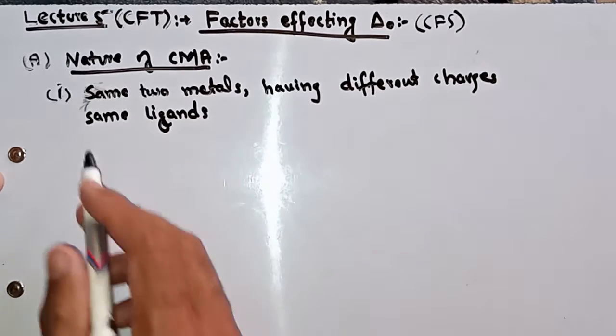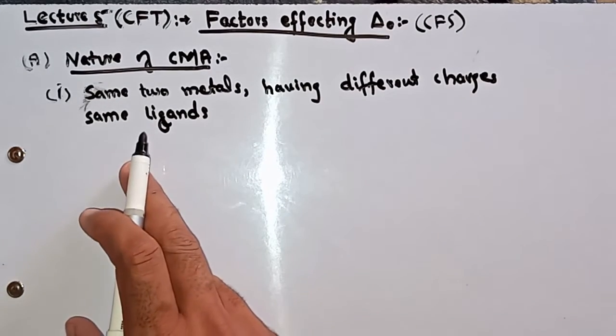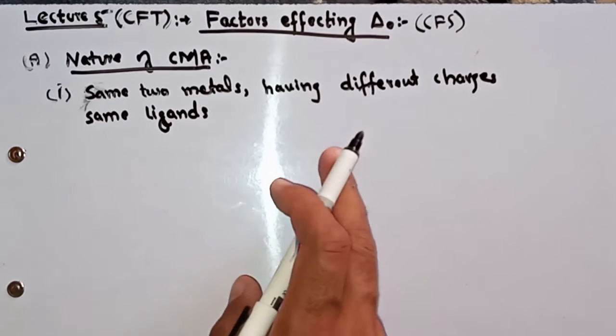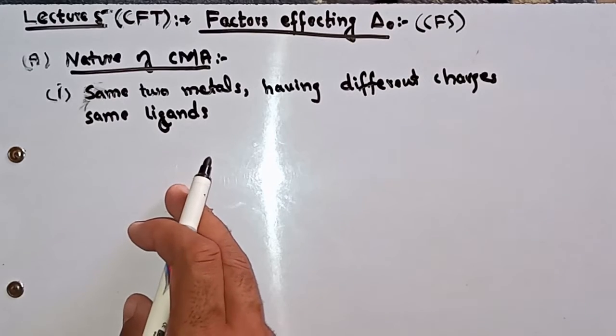If there are the same ligands and the same metals, but only the charges are different, what will happen in this case?